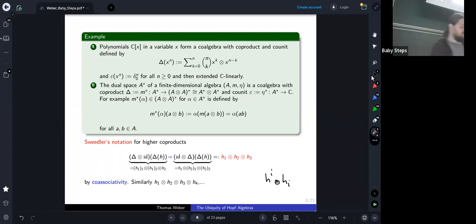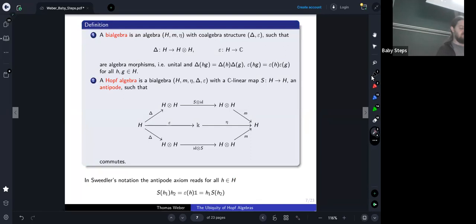Okay, let's continue. So now we arrive at the definition of first a bialgebra and then a Hopf algebra. A bialgebra is an algebra with a co-algebra structure such that the co-product and the co-unit are algebra morphisms.